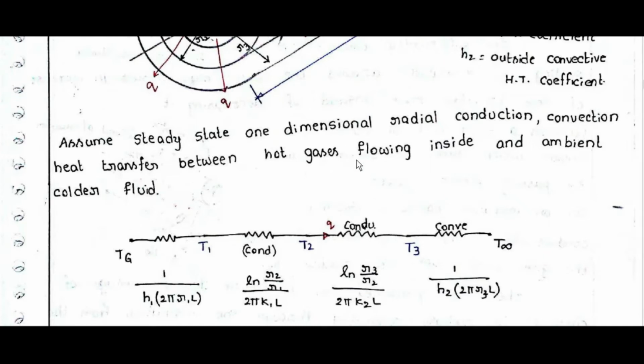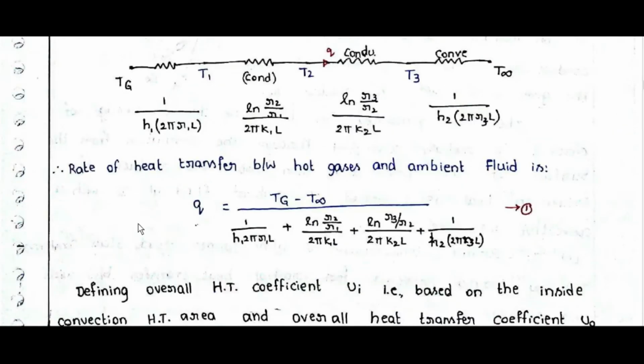Assume steady-state one-dimensional radial conduction-convection heat transfer between hot gases flowing inside and an ambient colder fluid.